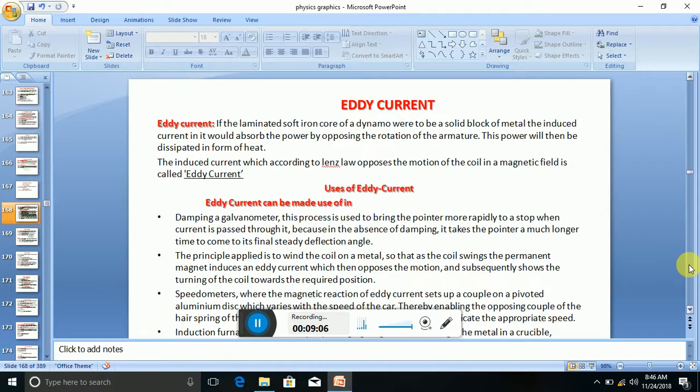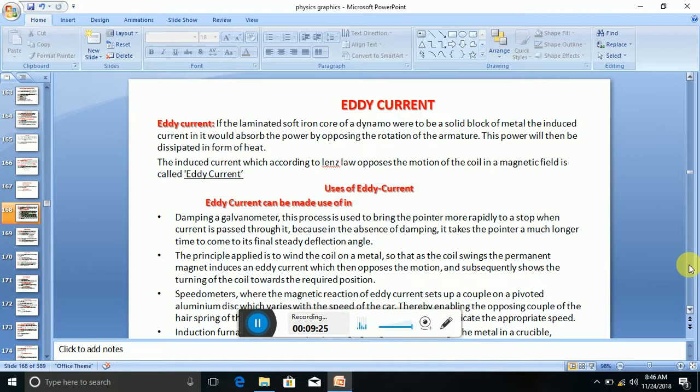Eddy current can also be used in the moving-coil principle, where the coil is wound on a metal frame so that as the coil swings, the permanent magnet induces an eddy current which then opposes the motion and subsequently slows the turning of the coil towards the required position.